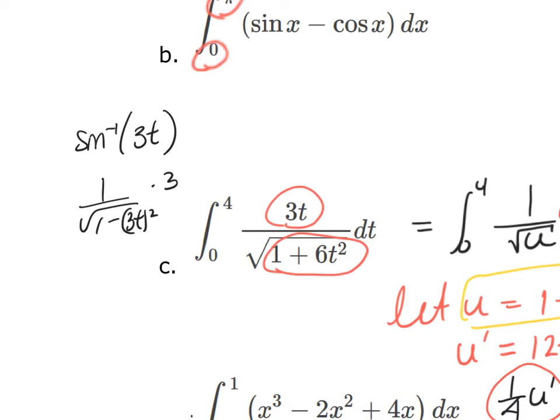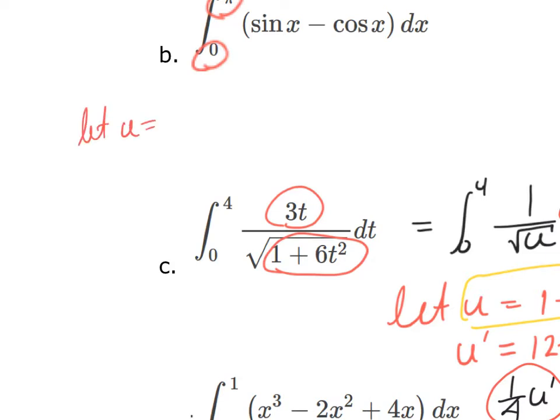Now, if I would have chosen a different u substitution on this one, it would have worked out just as well. So you could have let u equal the square root of 1 plus 6t squared.